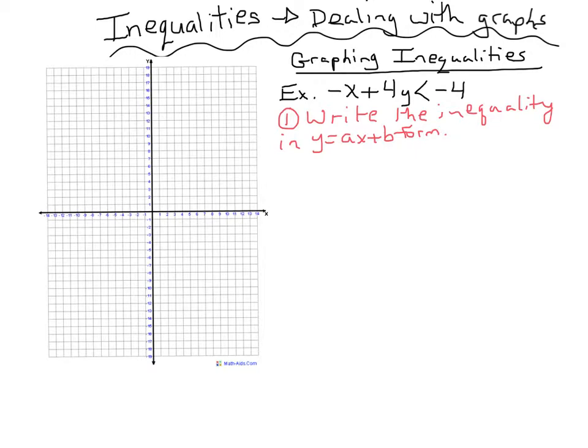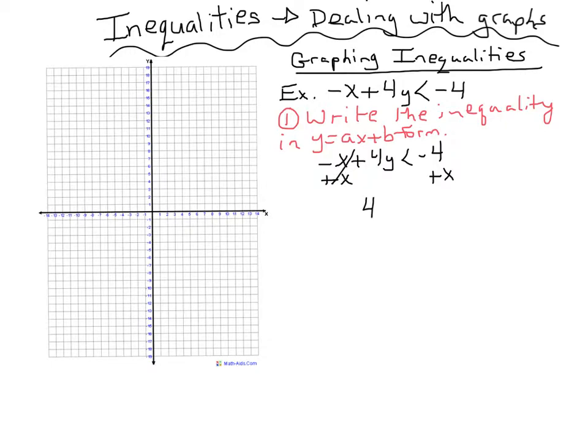For our inequality, negative x plus 4y is less than negative 4, we will first have to add x to both sides. So I'll rewrite it: negative x plus 4y is less than negative 4. I'm going to add x to both sides, so that gets rid of that.